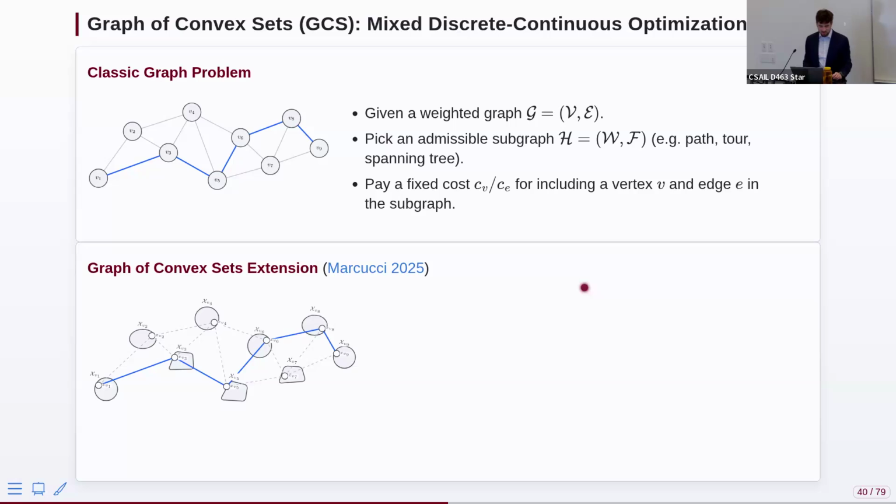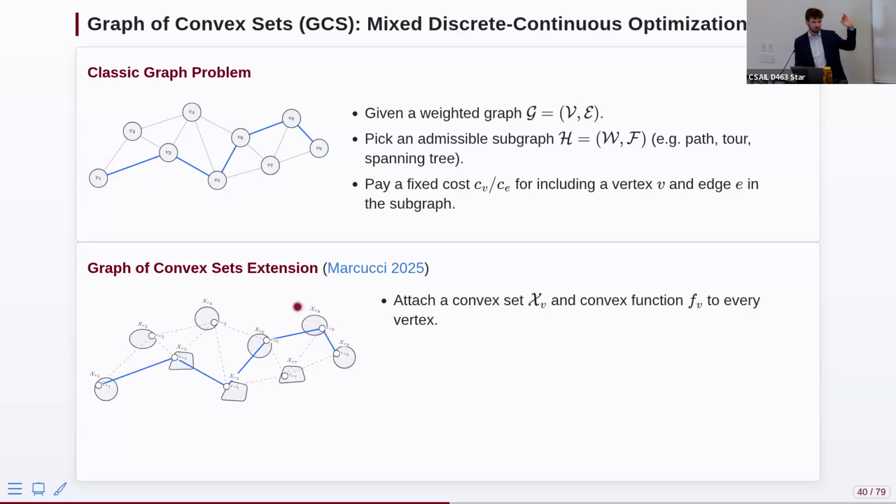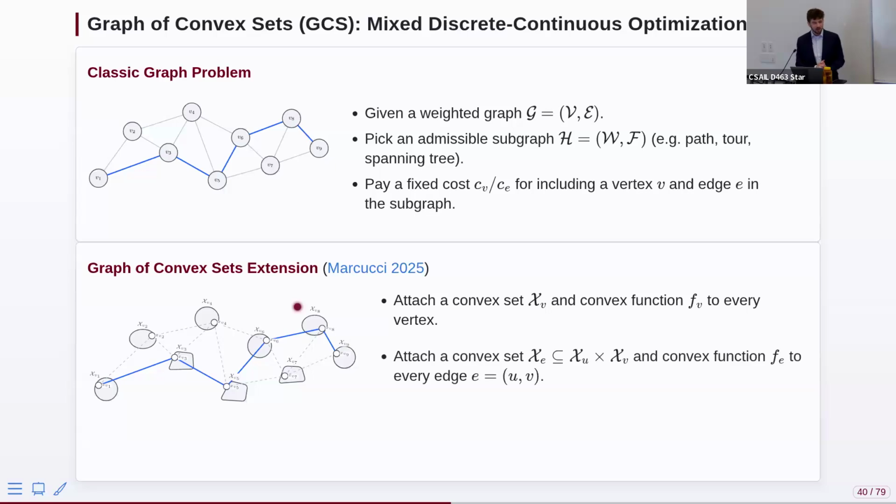What Tobia did in his thesis is extend the idea of a graph to include a convex set at every vertex and every edge. He attaches a convex program at every vertex, so that's a convex set plus a convex function. At every edge, you attach a convex set on the variables of the two endpoints of the edge, which also has a convex function.